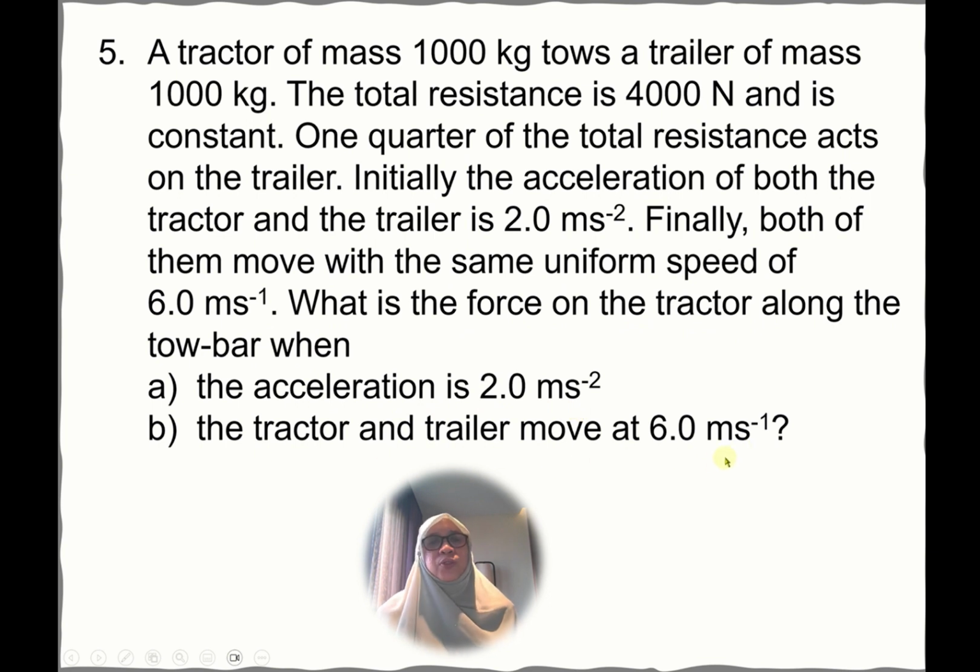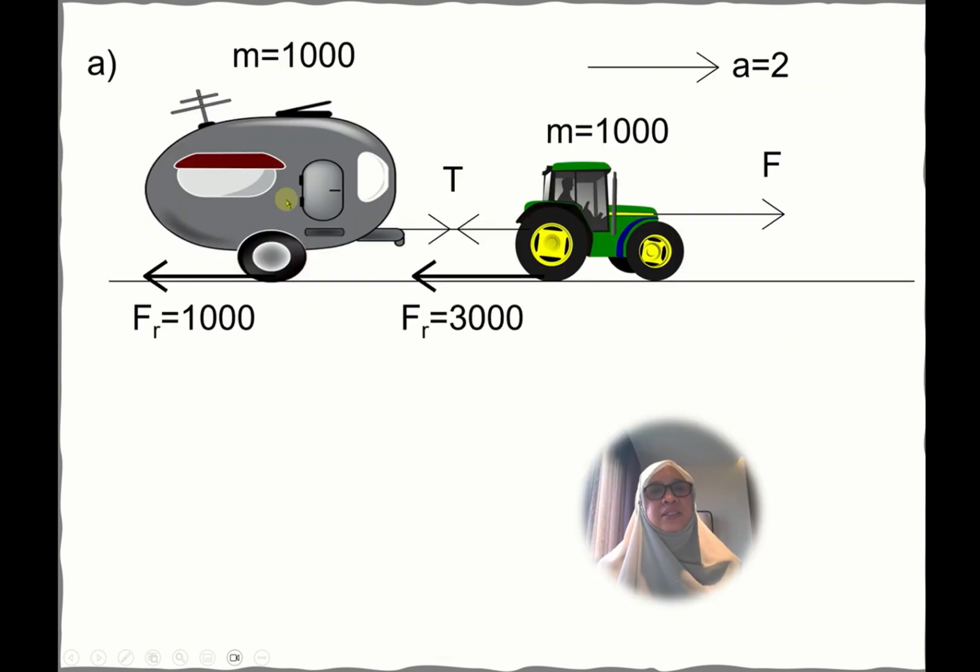Okay, so to solve this question, it is better to draw the diagram. Okay, so now we draw it. The first question, we are going to find the force on the tractor along the tow bar when the acceleration is 2 meter per second squared. Okay, so imagine this is the trailer, the mass is 1000 kilogram.